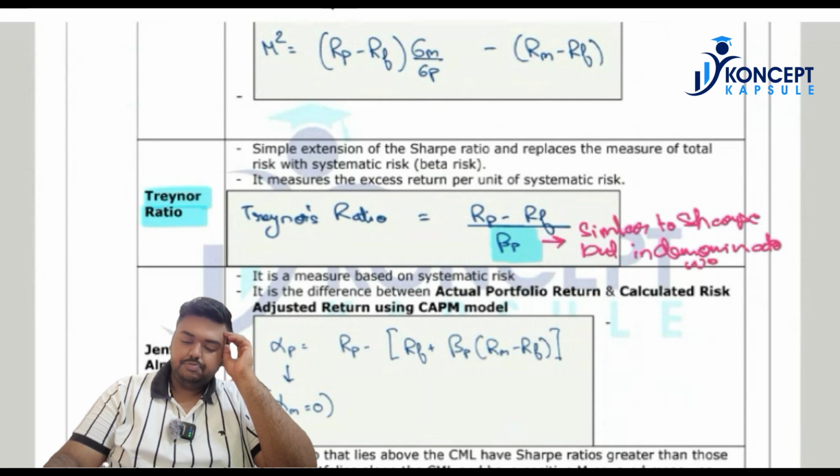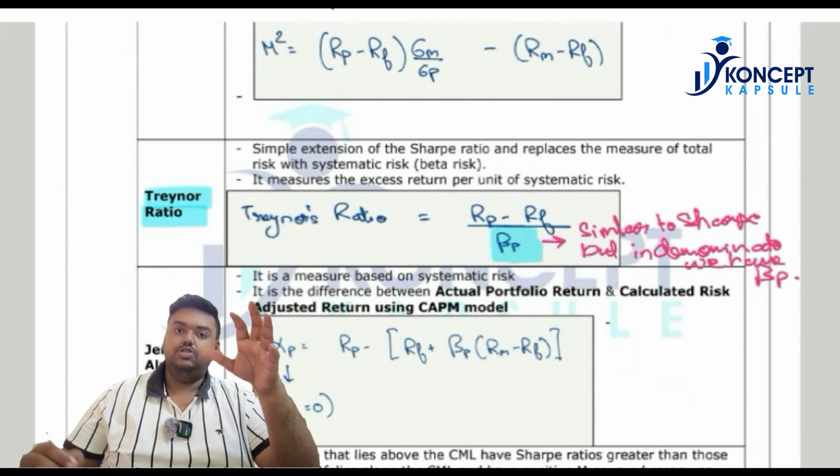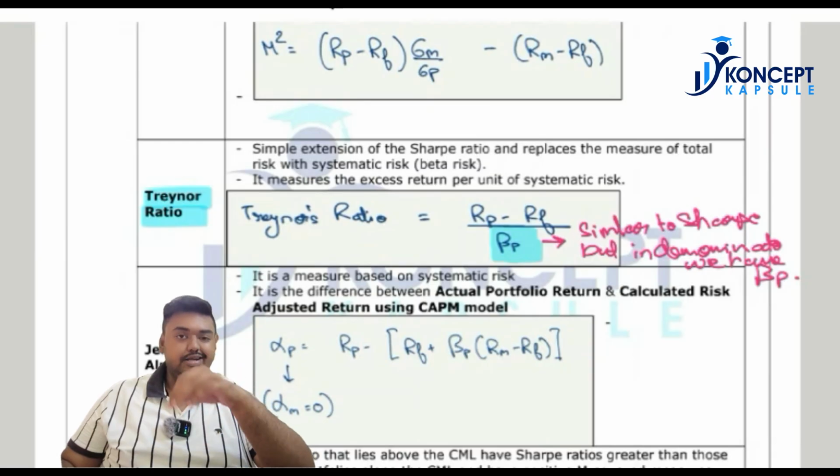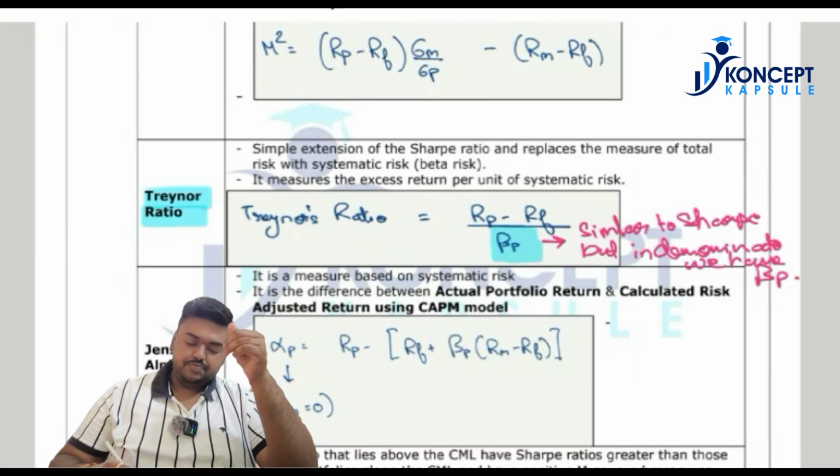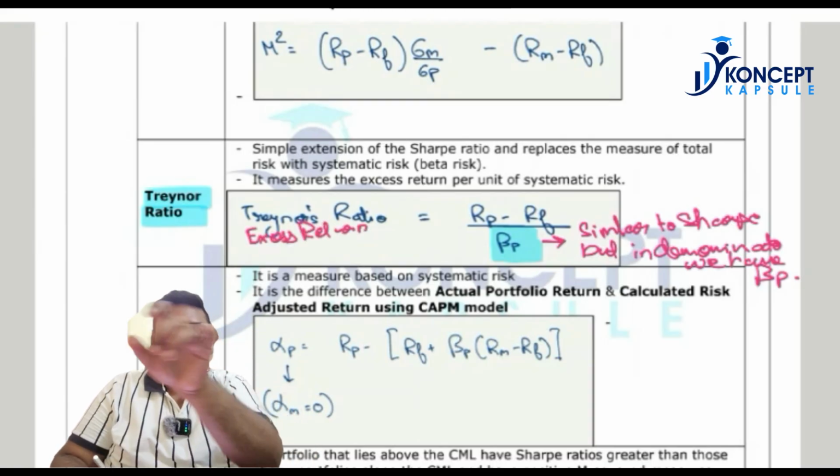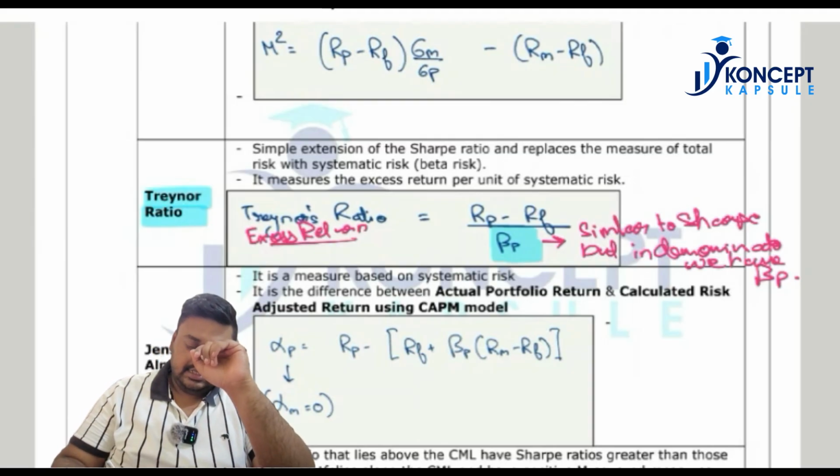Guys, I'm sure you can understand what beta of the portfolio means. It means we are saying excess return per unit of systematic risk rather than total risk.